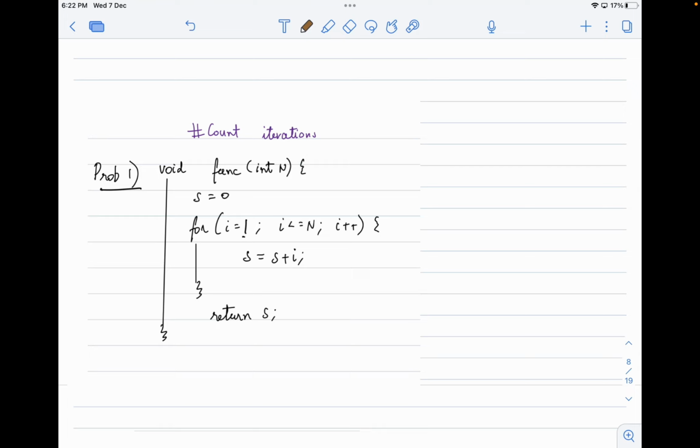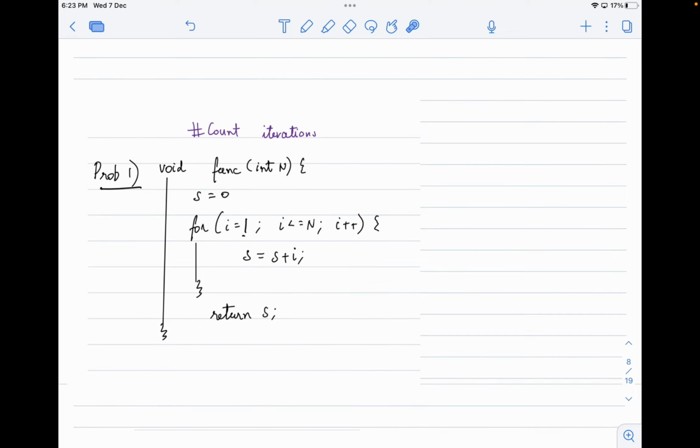Here, how can we find it? See, s is 0 and i is 1. Your loop is going to run from 1 to n, meaning n is greater than or equal to i; when i becomes greater than n, only then will your loop stop. The loop is iterating, meaning i is incrementing by plus 1.